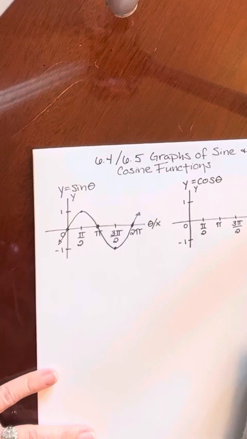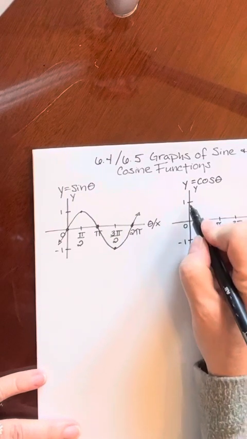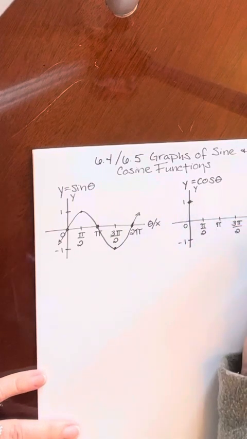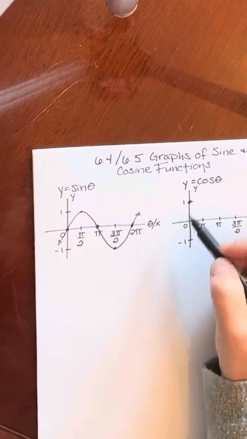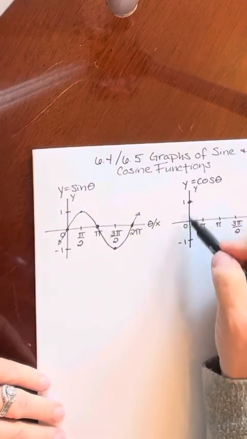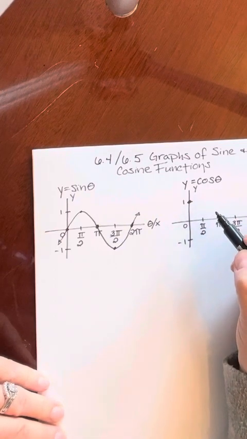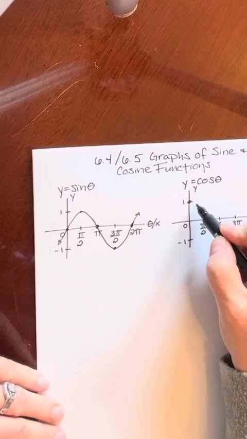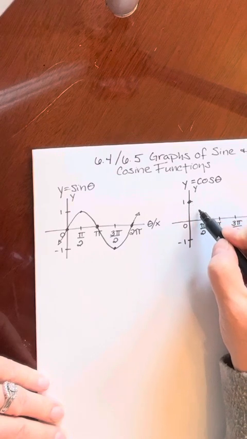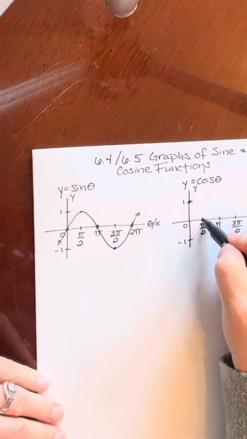And then cosine at 0 is 1. So that's the maximum value of cosine at that 0 degree angle or 0 radian angle. When you go up to pi over 2 on your unit circle, well, the angles start to get smaller, and then at pi over 2, cosine is 0.